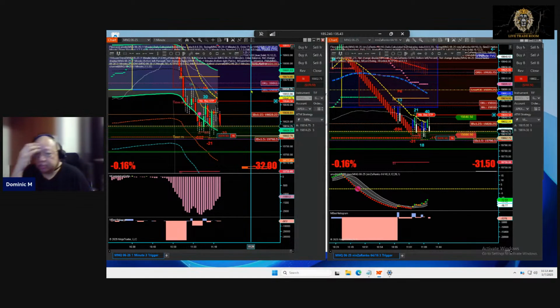There you go. You test this fair value gap again. Every time it tests, it gets weaker and weaker. So let's see if it's going to break through finally.